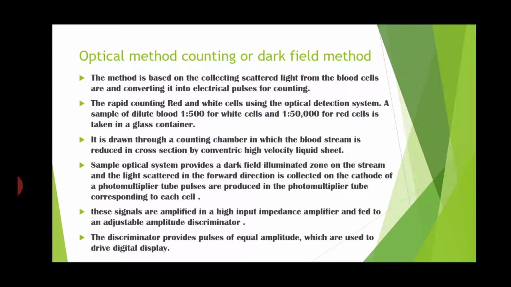Pulses are produced corresponding to each cell. So the pulses obtained in the photomultiplier tube are counted. These signals are amplified in the high input impedance amplifier and fed to an adjustable amplitude discriminator. The discriminator provides pulses of equal amplitude, which are used to drive a digital display or a counter.